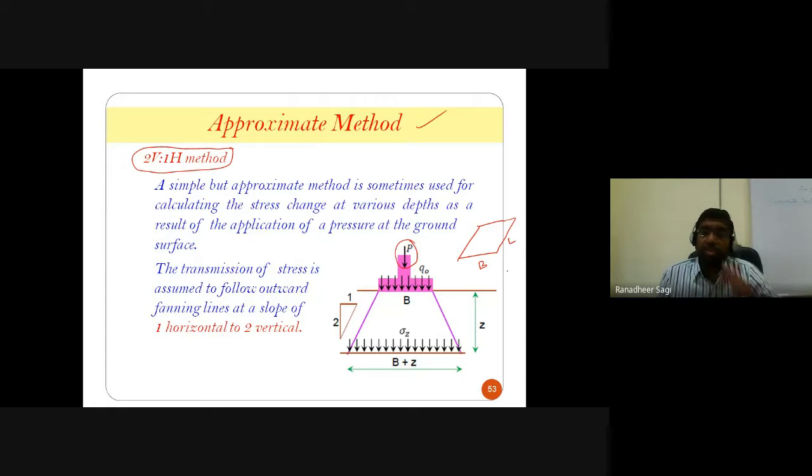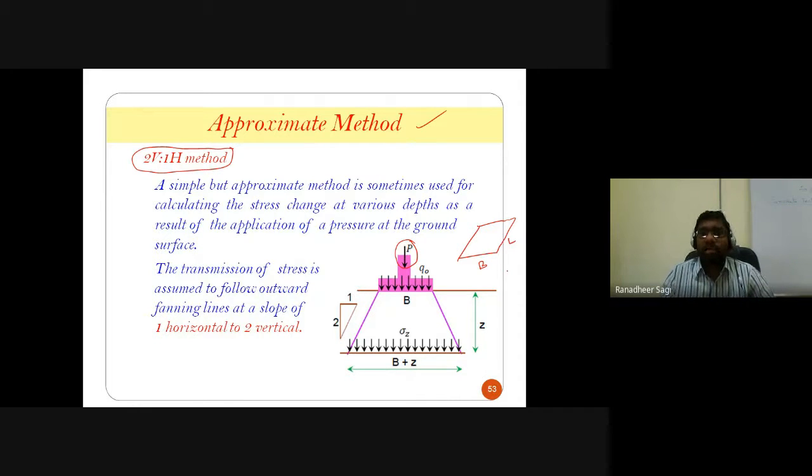Now, what is the difference between this approximate method and the earlier expressions given by Boussinesq? In the case of those expressions, the vertical stress you were calculating was not uniform throughout. At different points chosen at a depth of Z, the vertical stress was not the same.